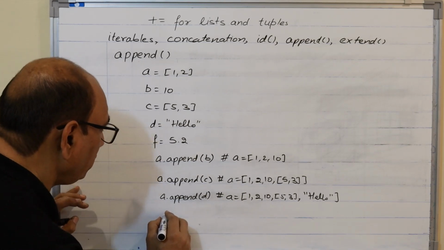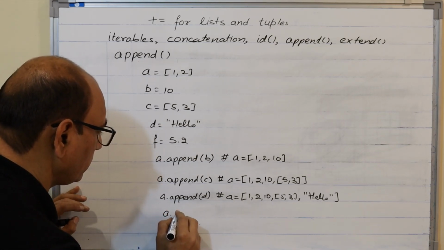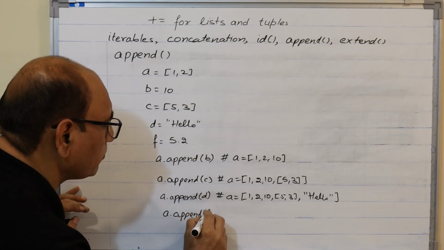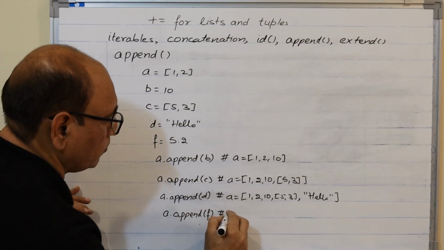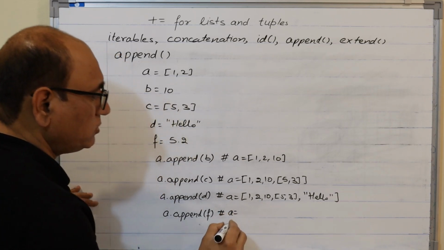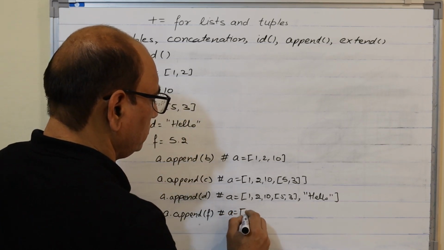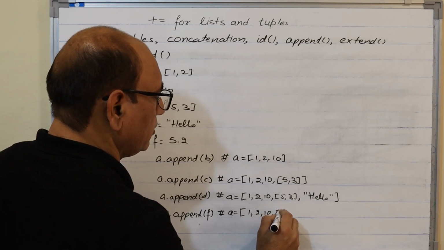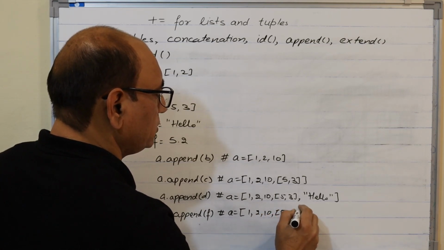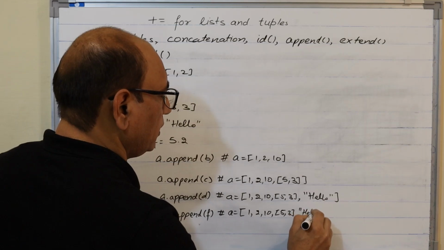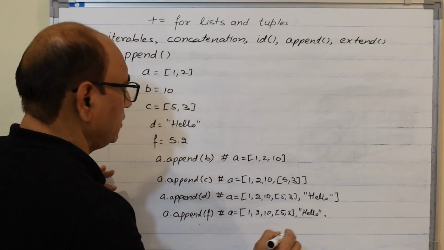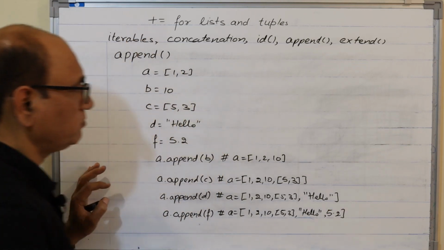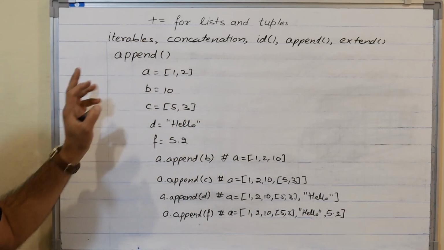A dot append F, now A will contain the values 1, 2, 10, 5, 3 as a list, hello as a string and 5.2, that is a floating point value. This is how append works.